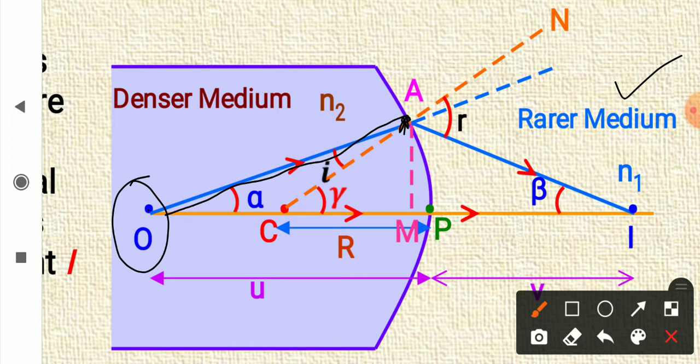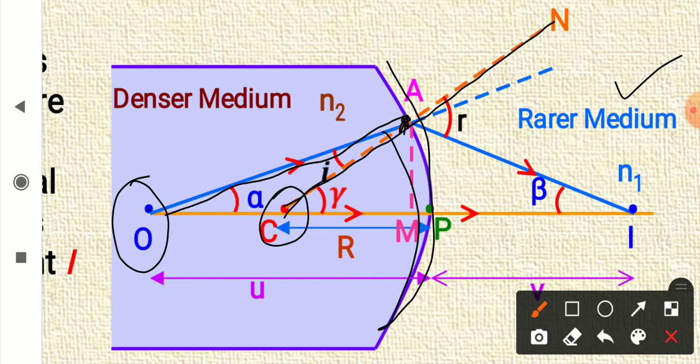So at this point, first you will have to draw the normal. Now the center of this convex surface is here, C. So this is the center of curvature.